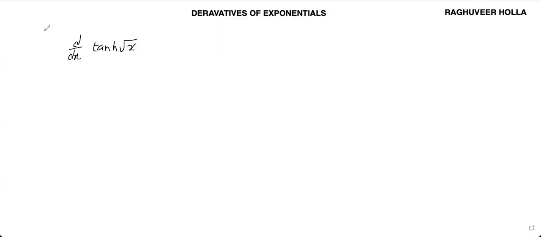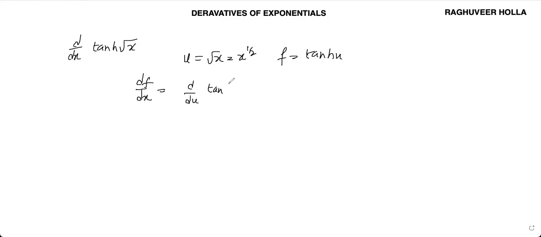Now let us apply the chain rule here. So u will be root x, or x to the power of half, and f is tanh u. So df by dx is d by du of tanh u and d by dx of x to the power of half.